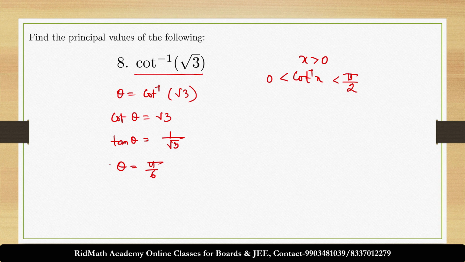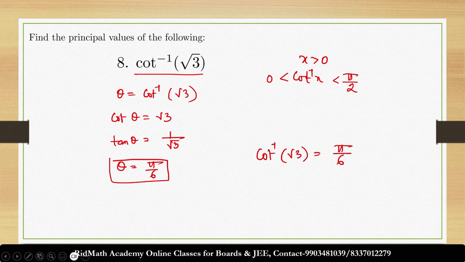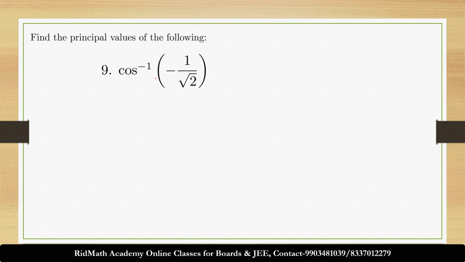So for this theta equals pi by 6, that means cot inverse root 3 is equal to pi by 6, means 30 degrees.